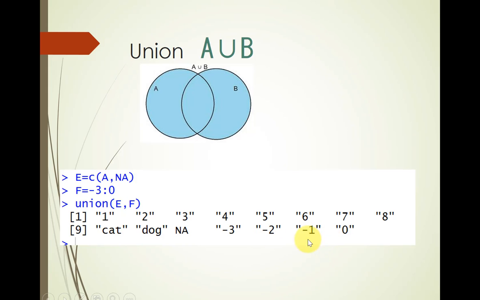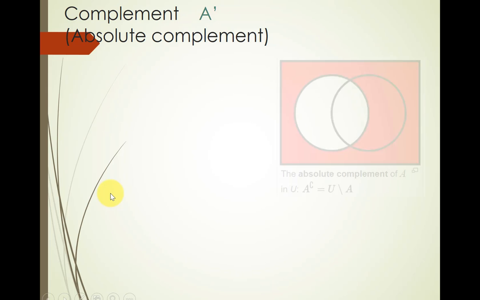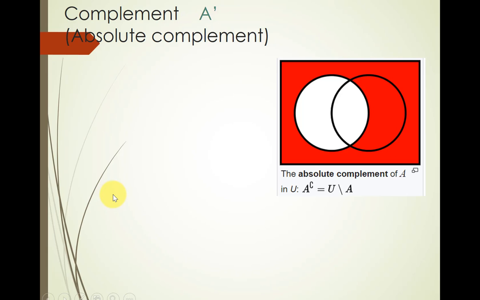So they had nothing in common, so the union is just everything in E, and then also add in the elements of F. Okay, that is union. Then we have something called the complement of A. So we didn't have to build any functions ourselves for intersection and union.